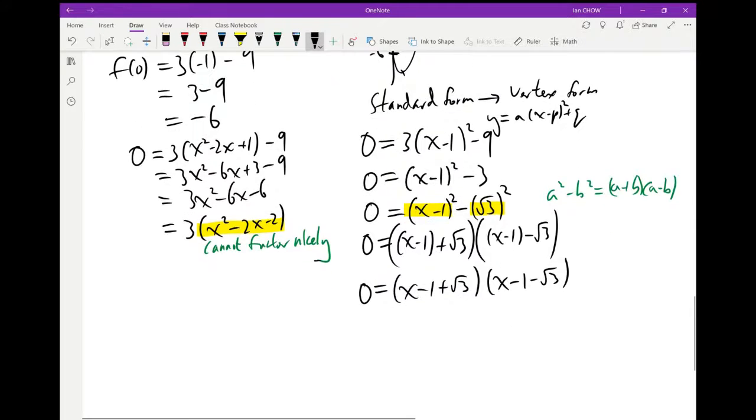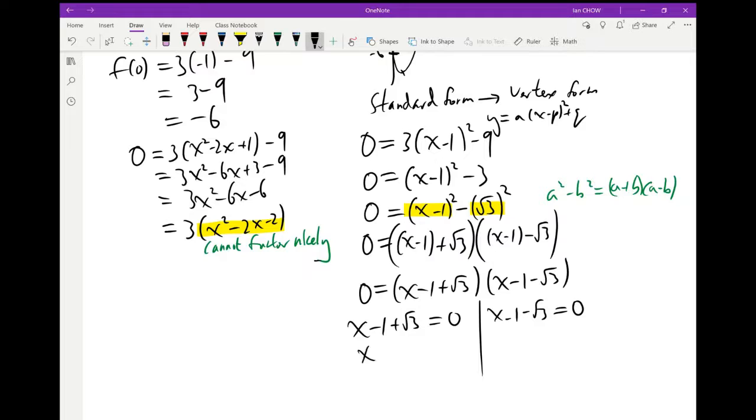This is our equation, and remember, we want to find a value in which y equals 0. And so when either one of these brackets is 0, that will give our x-intercepts. Let's set x minus 1 plus root 3 equal to 0. That's one side. And then we have x minus 1 minus root 3 equal to 0 as the other side.